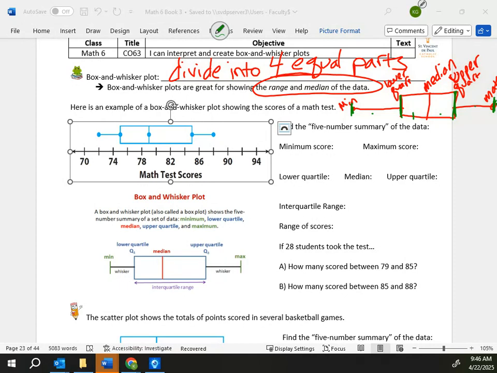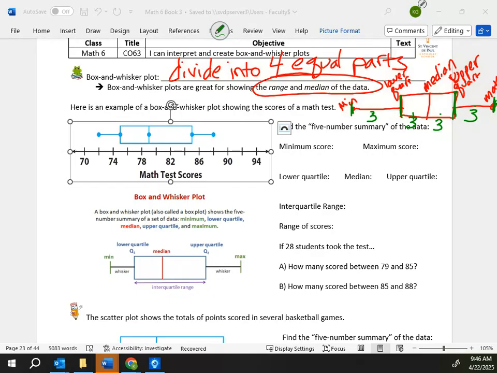No, there's 4 sections, but there's 12 data points. Kylie? 3. You take how many there are altogether, divide it by 4, and you'd say, okay, 3 of them, the lowest 3 are going in here, the next 3 go here, the next 3 go here, and our top 3 go in the top part.